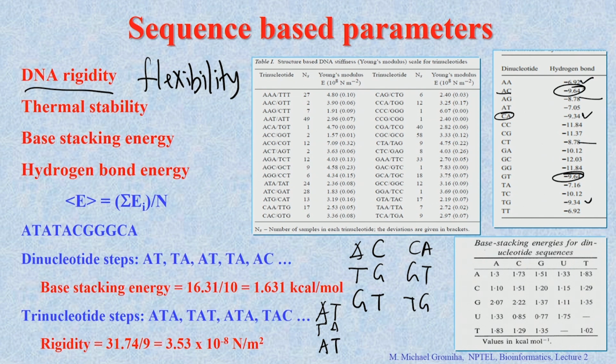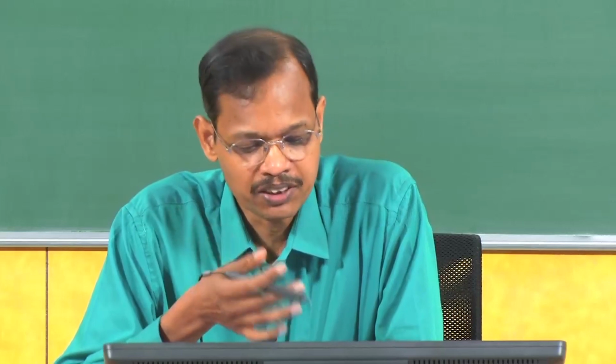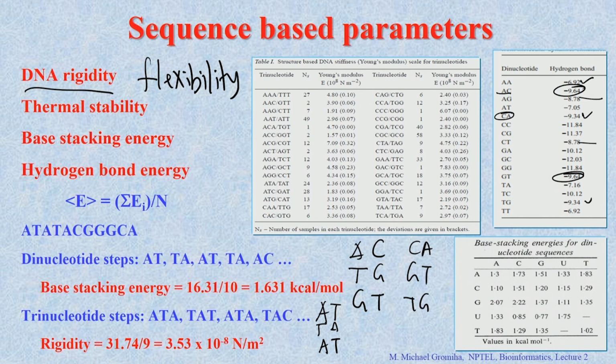If you go to the tri, totally how many possibilities? 64 possibilities, and due to this complementarity you can reduce this to 32. If this is the dinucleotides, you can have these pairs, but with trinucleotides, out of 64 you have 32 cases. So, first we got the flexibility; you can use either the dinucleotides or the trinucleotides.